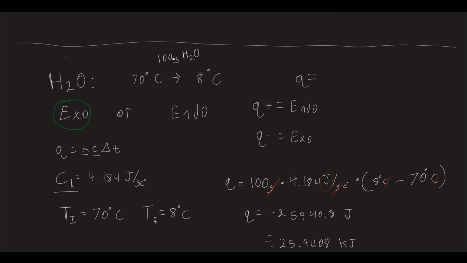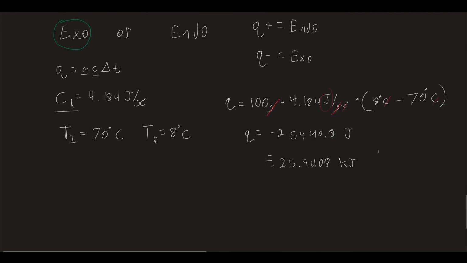We will have one significant figure regardless because of that 8. So that one significant figure will turn this into negative 3 kilojoules. That will be our final answer for Q. Any questions on this one?